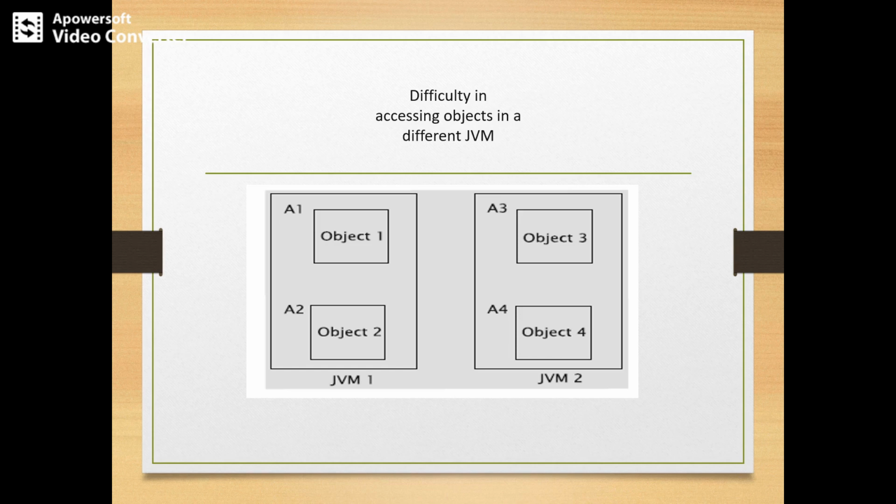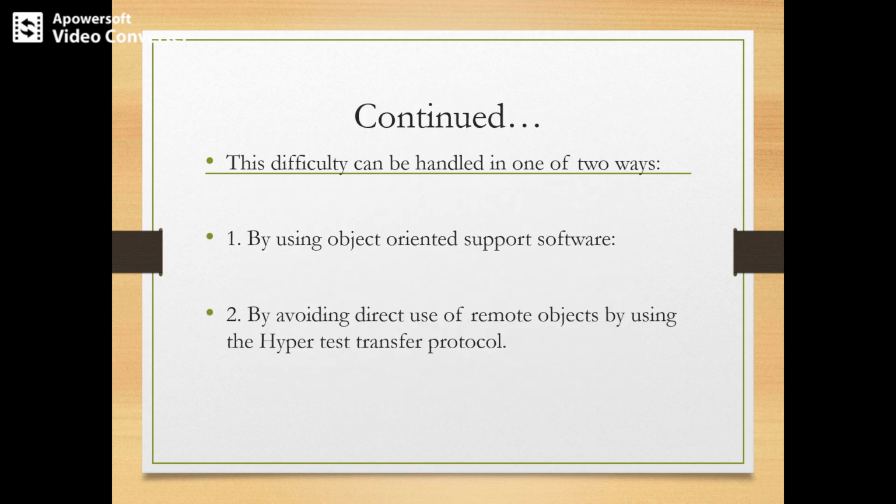So how are we going to tackle this? This difficulty can be handled, and there are two ways it is possible. These difficulties can be handled in one of two ways. The first one is by using object oriented support software, which is always possible in these cases, software which solves certain types of accessing problems.